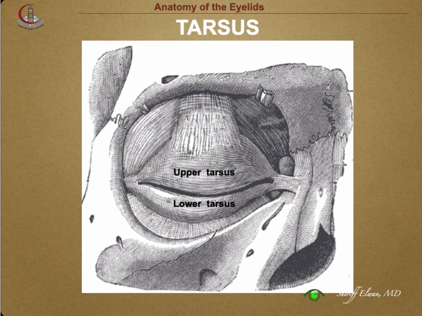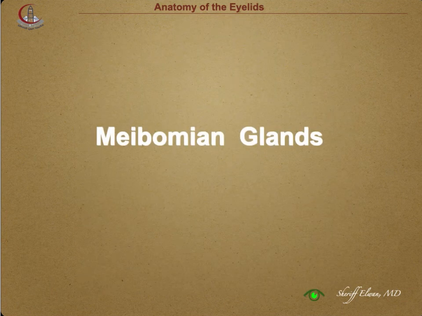Here's the upper tarsus with its free ciliary border, the lower tarsus with its upper free ciliary border, and then the attached border to the orbital septum and the levator palpebrae superioris in the upper lid, and to the septum and the lower lid retractor in the lower lid, medially attached to the medial canthal ligament and laterally attached to the lateral canthal ligament.